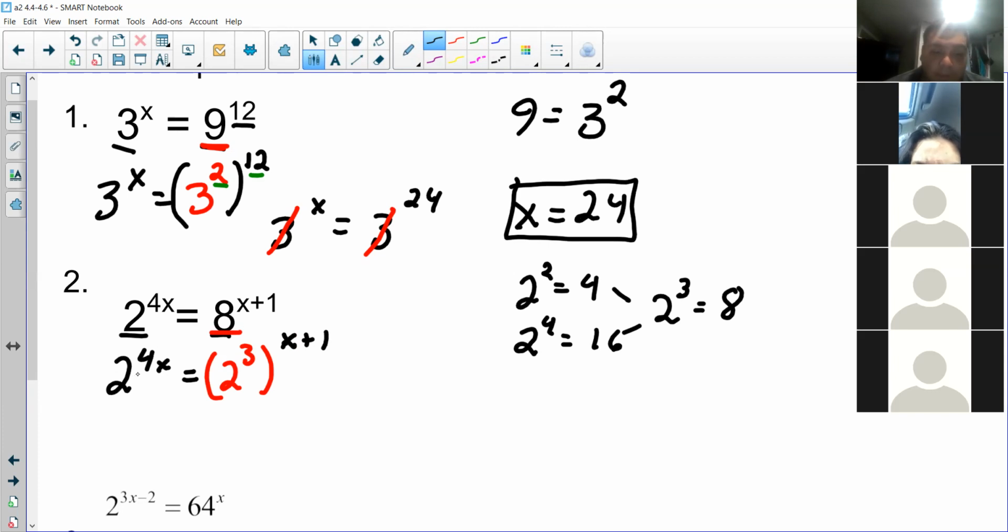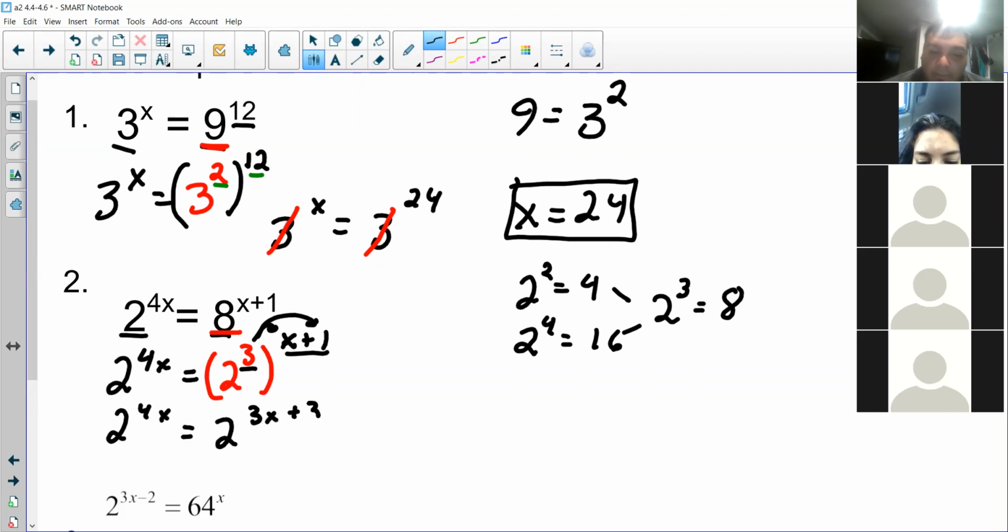Now, this 3rd power and this x plus 1 power, exponent to exponent, you're going to multiply. So I'll do a little distribution here. So this is going to be 2 to the 4x equals 2 to the 3x plus 3.